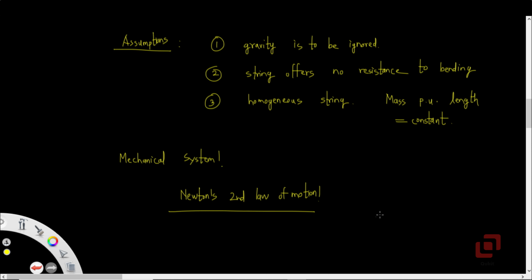According to Newton's second law of motion, the vector sum of all external forces is equal to mass into acceleration. So we are going to make use of this. As long as mass is constant, it will come outside the differentiation.